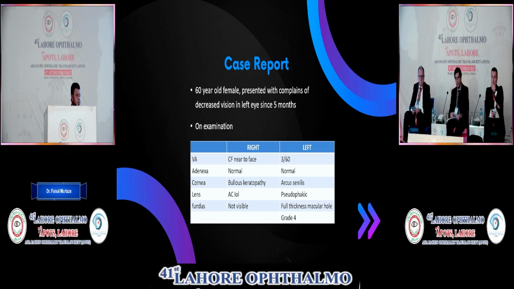This is a case report of a 60 year old female. She was one-eyed and complained of decreased vision in the left eye. Right eye was counting fingers with bullous keratopathy and ACIOL, while left eye was 3/60, with pseudophakia and a full thickness macular hole grade 4.